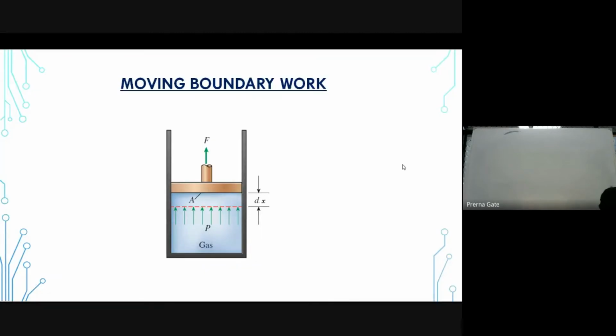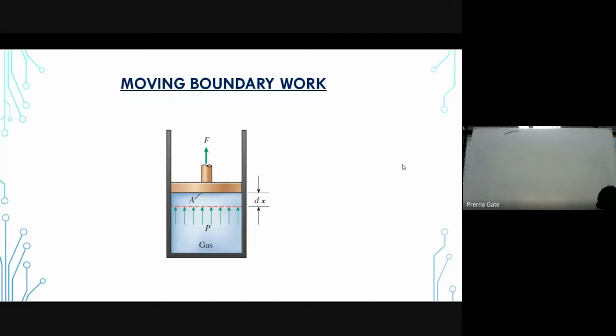So for analysis we have considered a quasi static process. Quasi means almost and static means equilibrium. So let us derive an equation of work for a quasi static process or a moving boundary work.